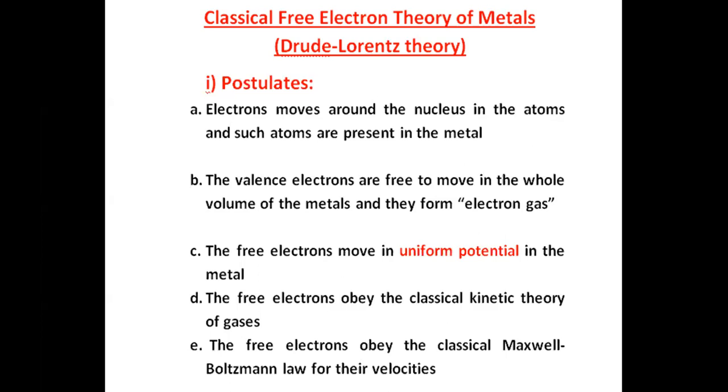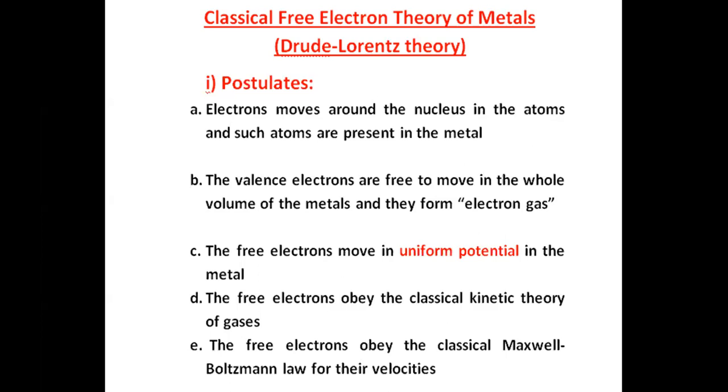That means it tells about the most probable velocities that can be obtained by these electrons. So these are the various assumptions or postulates made by Drude and Lorentz in order to explain the properties of metals.